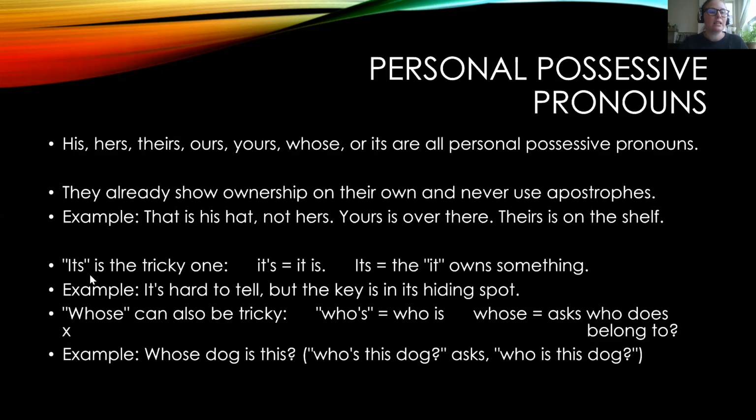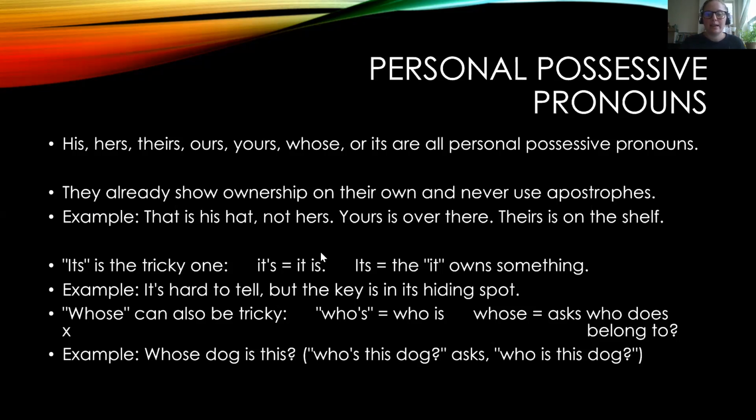Its is a little tricky because it can be a contraction when it has that apostrophe. So whenever you see "it's," look to see if it has that apostrophe, and if it does, that is a contraction, meaning "it is."